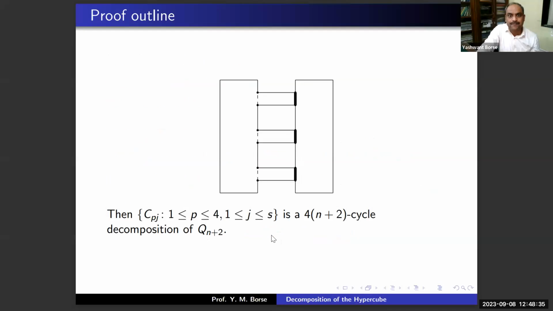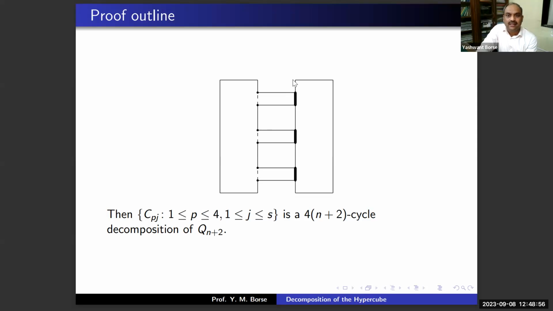See this figure. So this is CPj, this is CP plus 1j. These are matchings of CPj. This is a matching of CP plus 1j. I am replacing this matching of this left copy by the matching of the right copy and these cross edges.